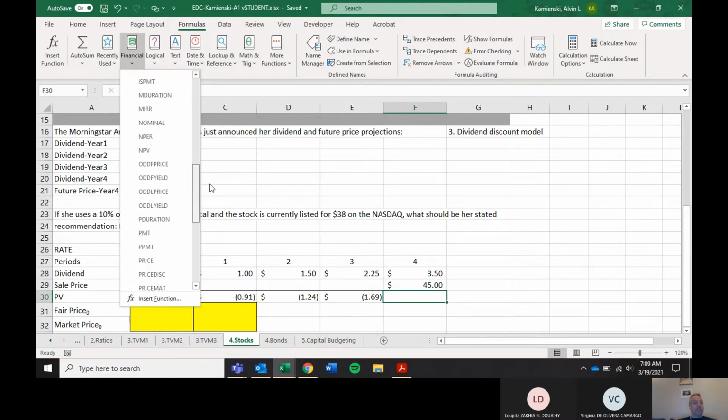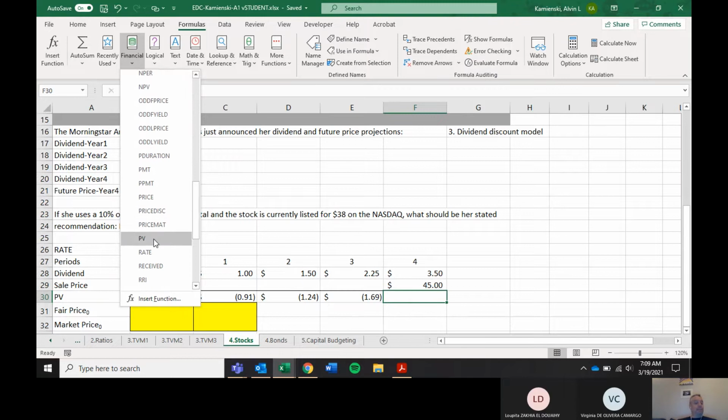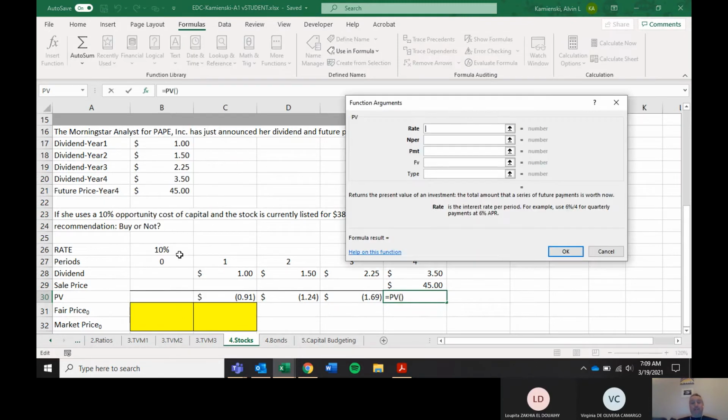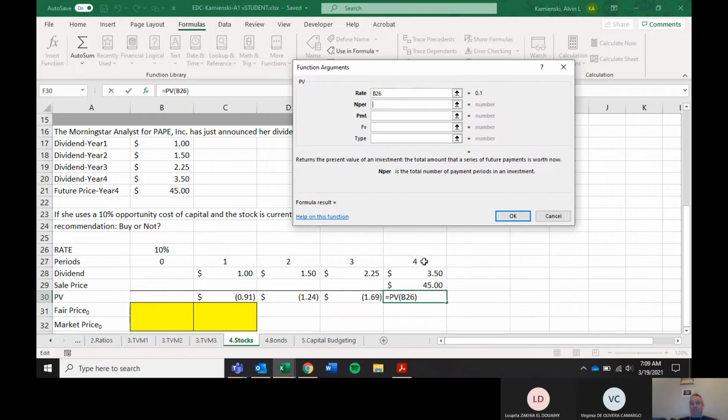For the last one then, it's going to be the same process. We're just going to include both expected future values. So again, at a rate of 10%, we're now waiting a full 4 years. And this time, the value that we're going to get is going to be both this one and that one, because we're going to have not just our dividend in that year, but we're also going to have our sale price.